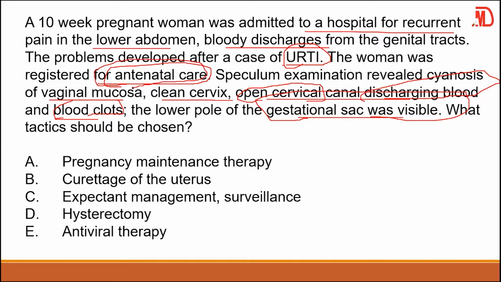Antenatal care is when you're pregnant and you start taking care of yourself. That means pregnancy was confirmed, isn't it? And they told us this person was 10 weeks pregnant. So all of these tell you that abortion is already taking place. No matter what this woman does, the abortion will happen. So what are you going to do in this patient? You do your DNC to remove everything from the womb.